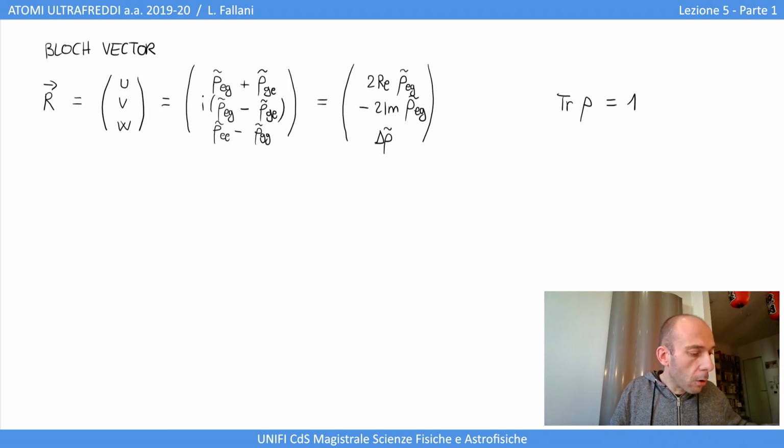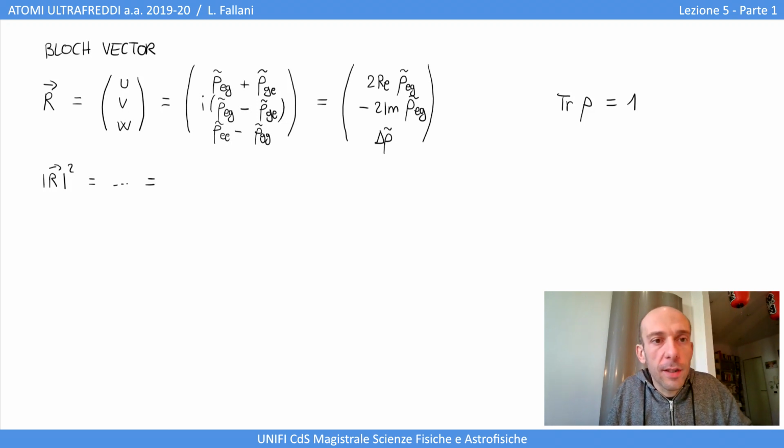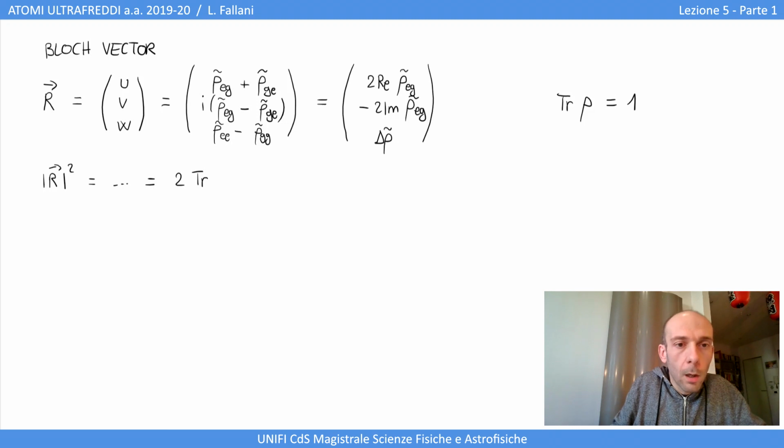And so what are the properties of this vector? First, its modulus, in particular its modulus square. It can be shown with some algebraic passages and exploiting the properties of a density matrix, that this can be written as 2 times the trace of the square of the density matrix, minus 1.